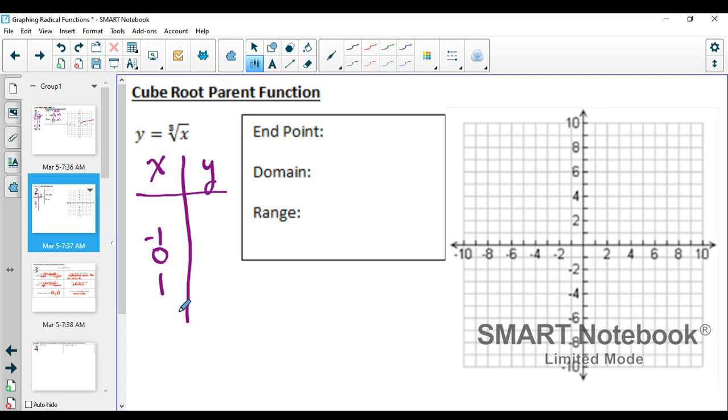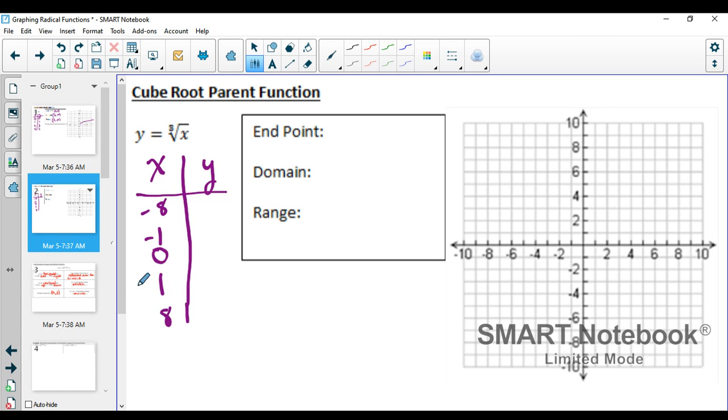All right. Now, 2, 3, 4, 5, 6, and 7. None of those have whole number cube roots. Yes, they count as part of our domain, but for the sake of filling in our table, we can't use anyone that doesn't have a whole number cube root. However, 8 does have a whole number cube root, so we're going to use 8 and negative 8.